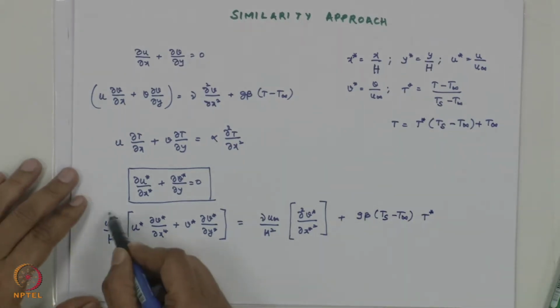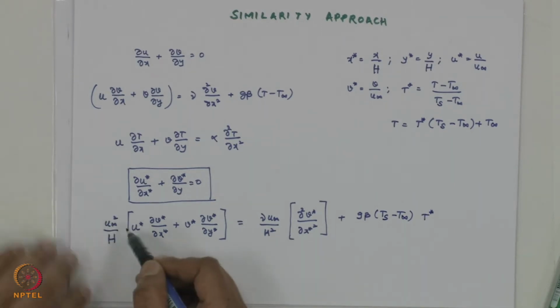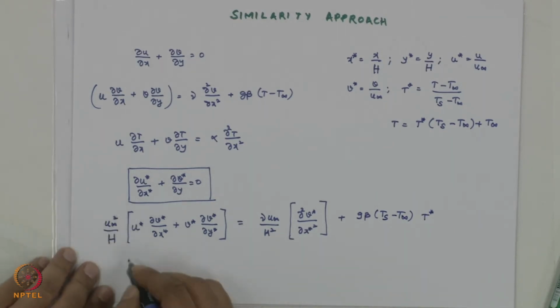So let me multiply by h by u infinity squared. So no coefficient is there on the left hand side.